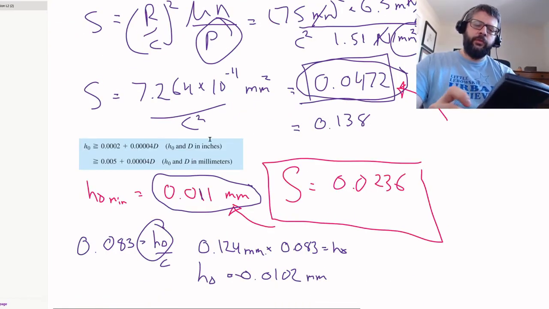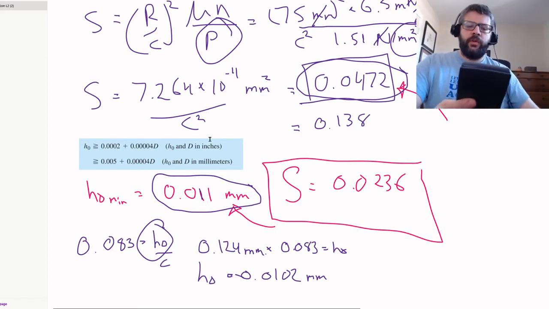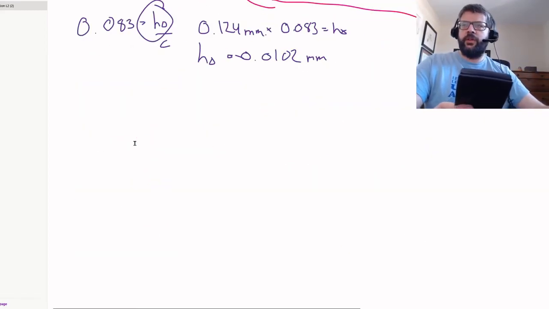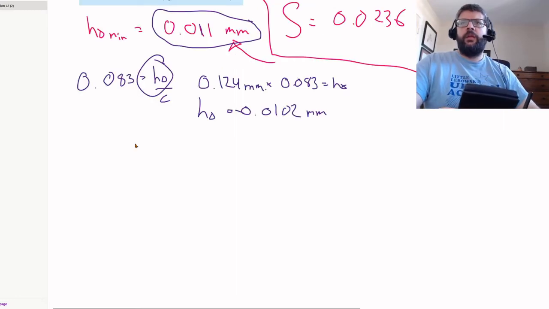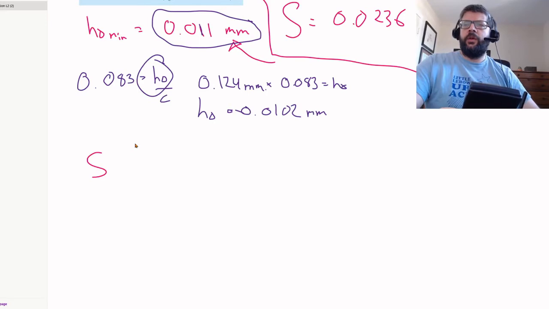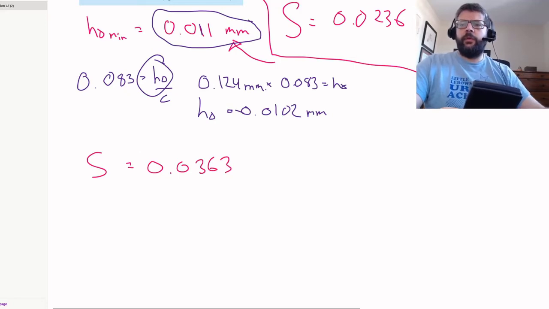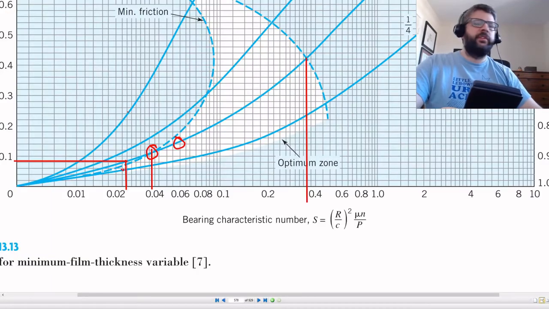Divide that by 2 to get our overload condition. And there we would have an S equal to 0.0363. I don't know why I go to that many decimal places.